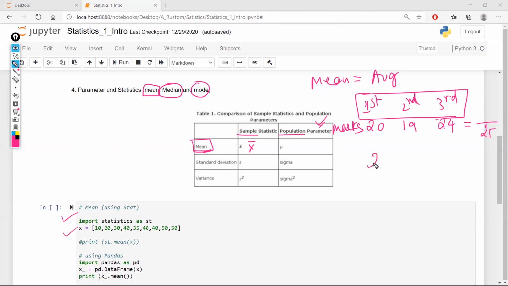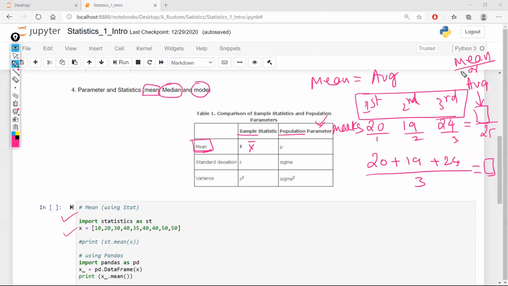The average is 20 plus 19 plus 24, divided by how many tests? 1, 2, and 3. So whatever data you get, the mean is simply the average of all your data.